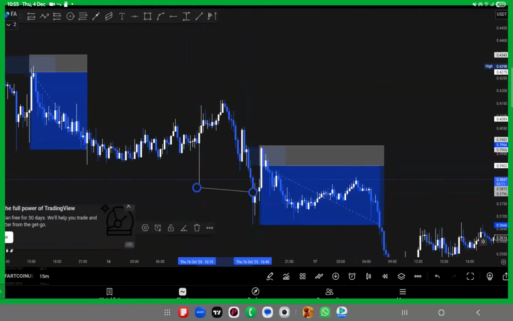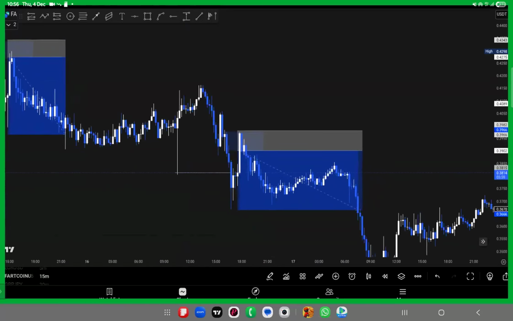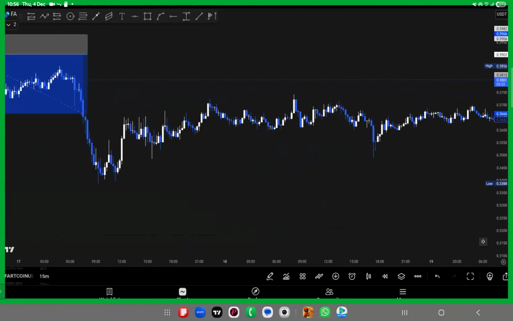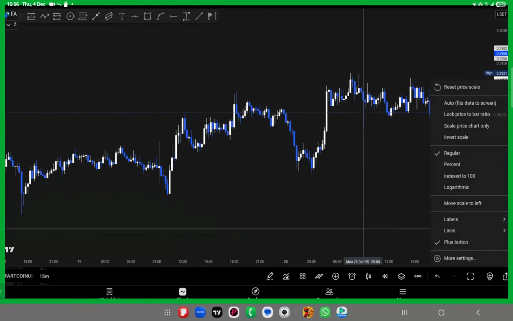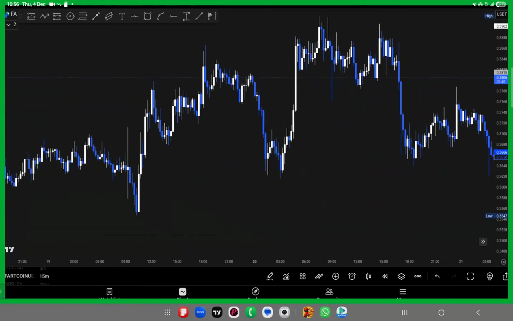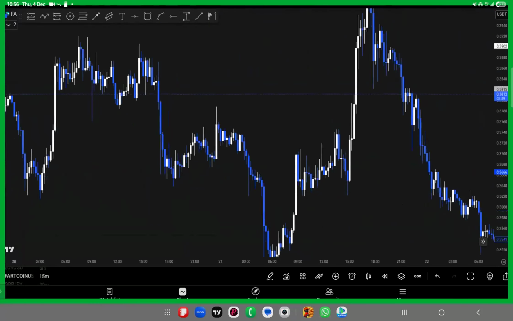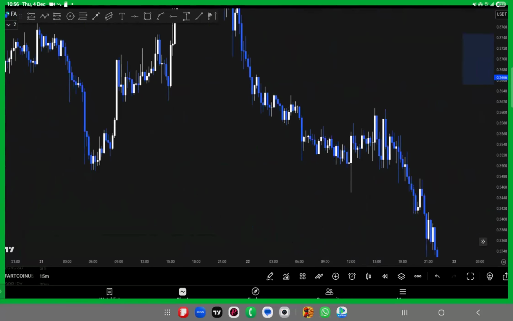So you have your break of structure, you have your fair value gap alongside, and then you have the last candle before the impulsive move to the downside, which I later used as my order block. So this is basically how you can look for all this in the market. It's nothing complex, just as easy as that. I want to see if I can get a top position, but this particular market is in a downtrend.